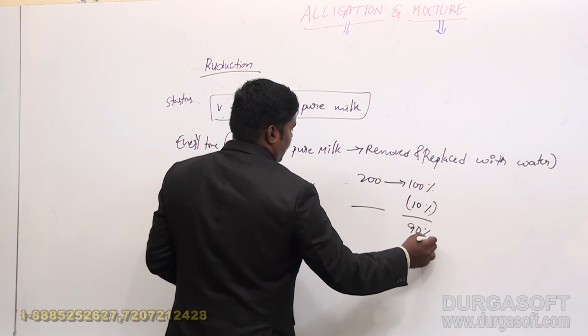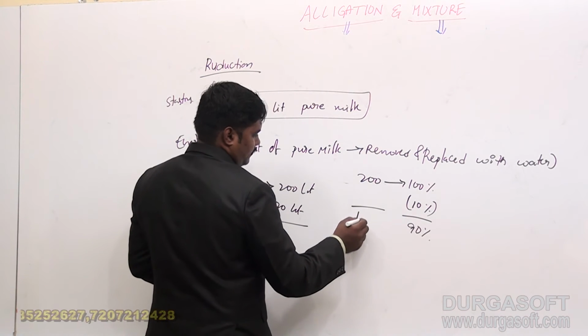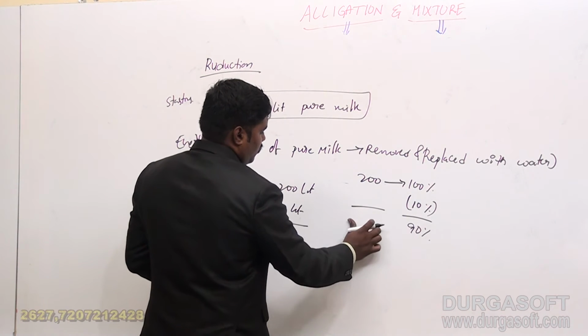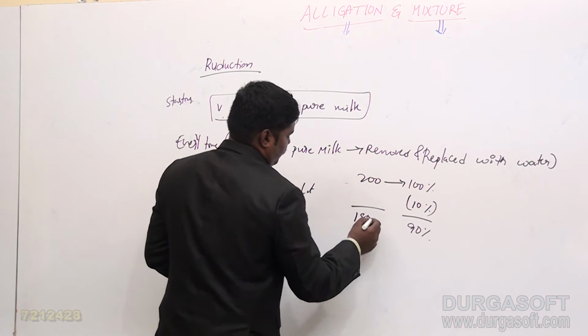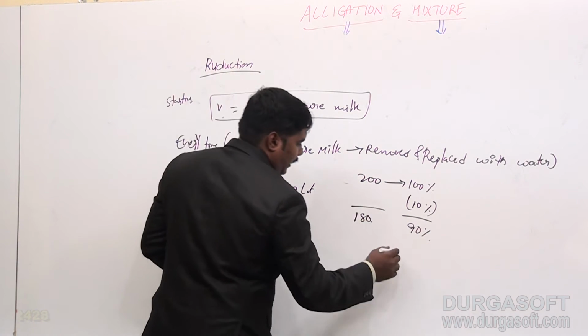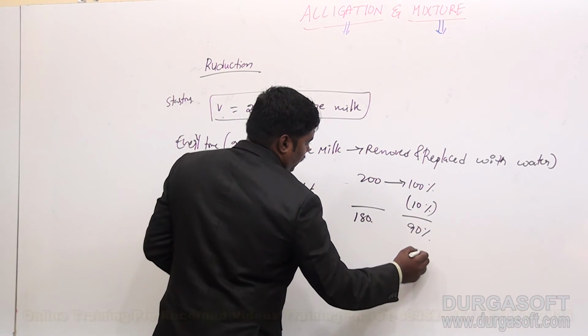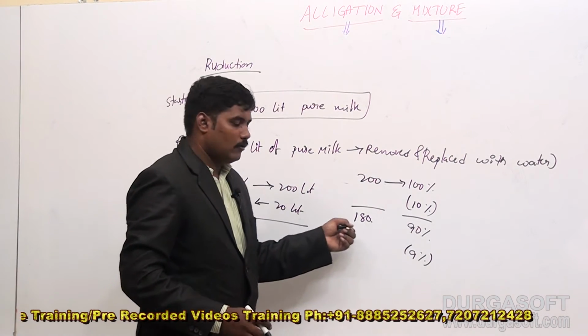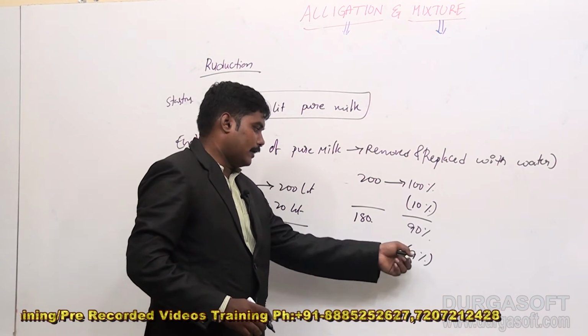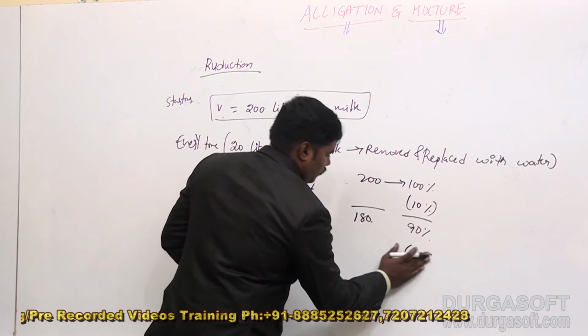Here it is 90% and here it is 10%. That means here 180. So again 10% is removed. That means 9% is removed. In 90, take it as 100. Again 10% is removed.